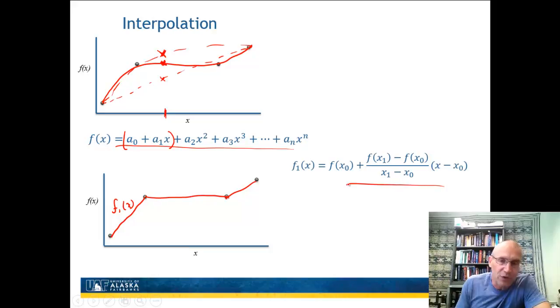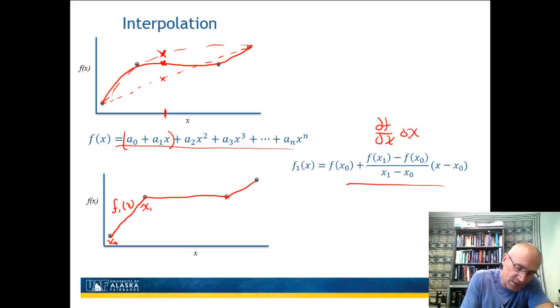This is my linear interpolation method, and this first point is x0, the next point is x1, and this right over here is just essentially df dx. And so I'm going to multiply df dx by delta x, how far along this line that I am. So there's the most simple type of interpolation, but it isn't particularly accurate.